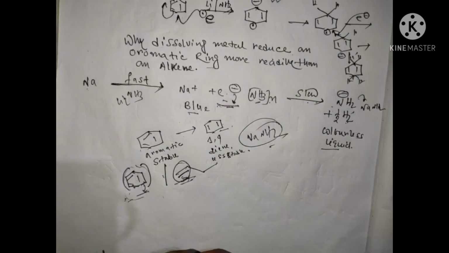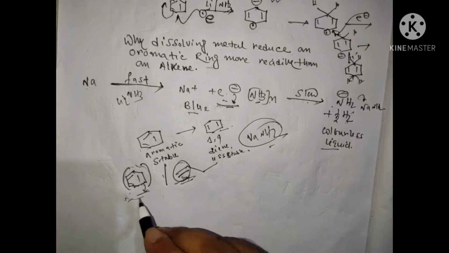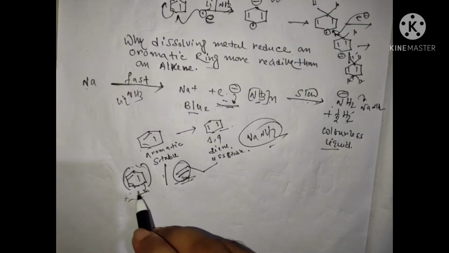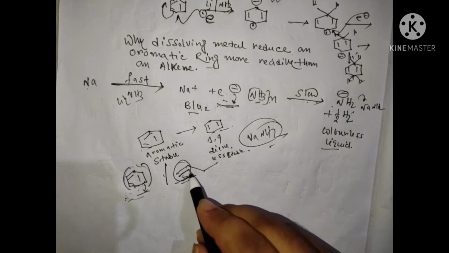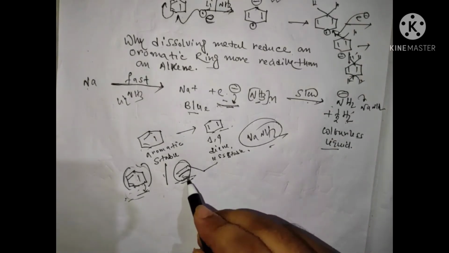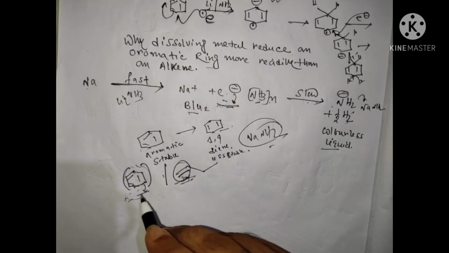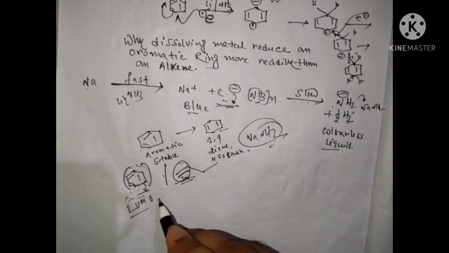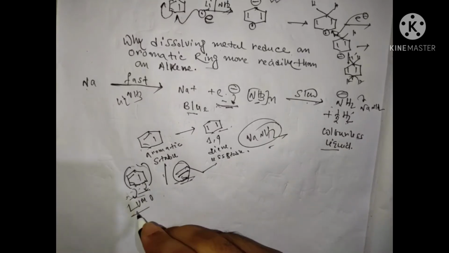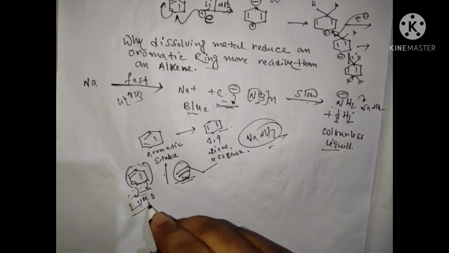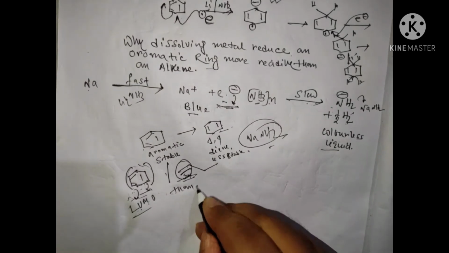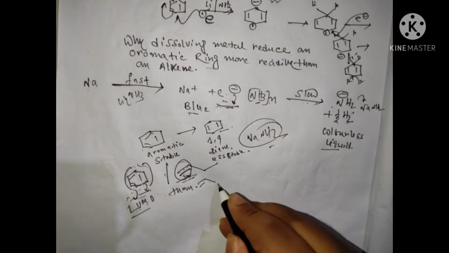We explain this by molecular orbital theory. Benzene has its molecular orbitals, and this alkene has its molecular orbitals. As it is stabilized, its LUMO, the lowest unoccupied molecular orbital, has comparatively lower energy than this.